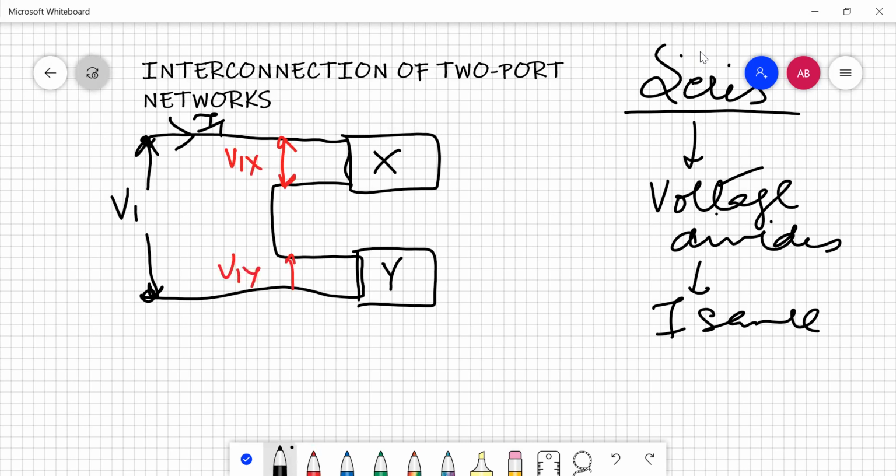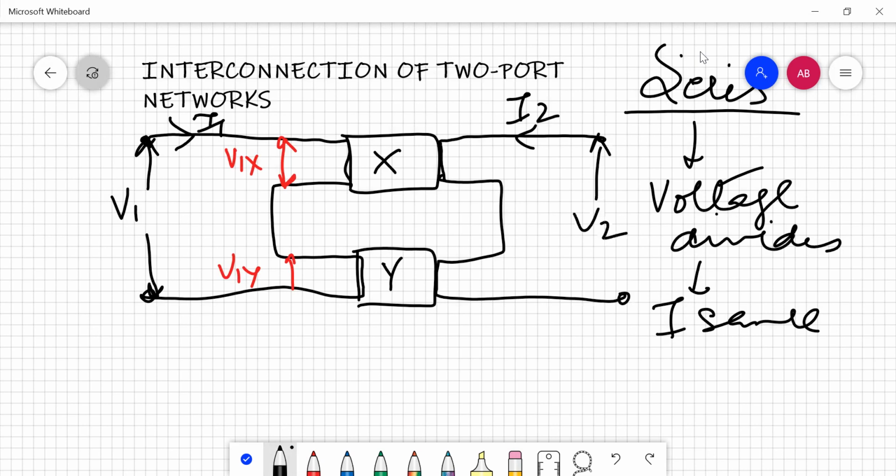Similarly, when we talk about the output port, again this is your current I2, so it should be the same. It should be like this, while the total voltage at the output port will get divided between V2X and V2Y.